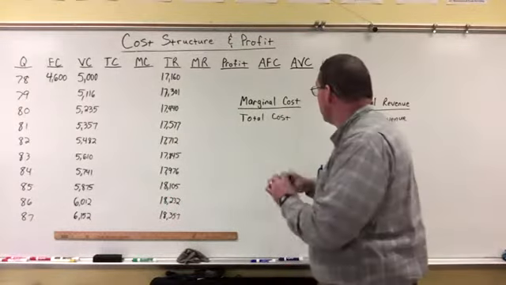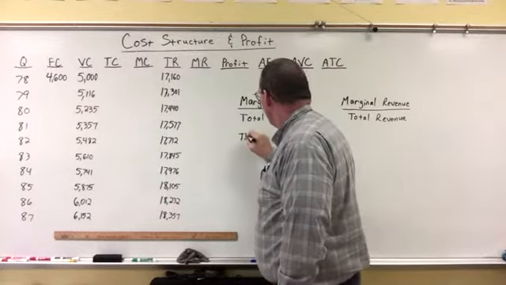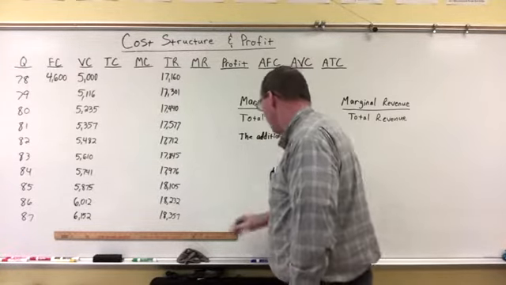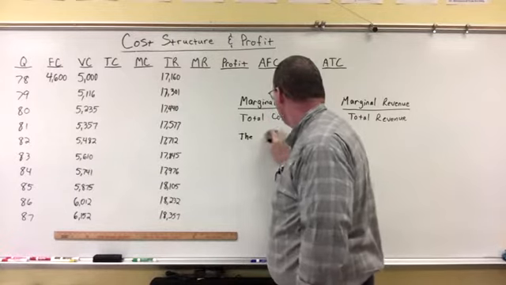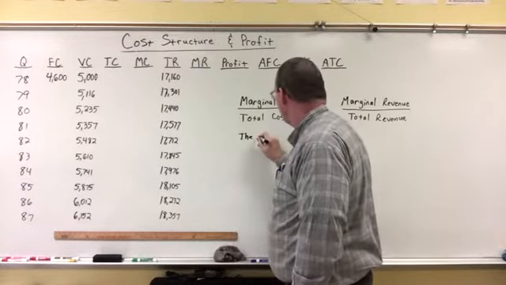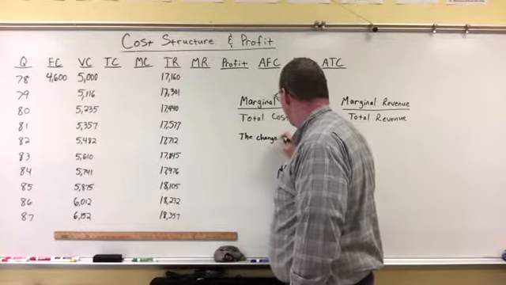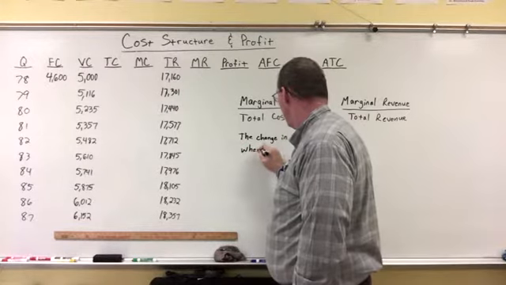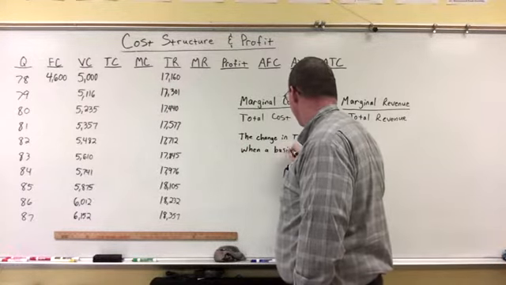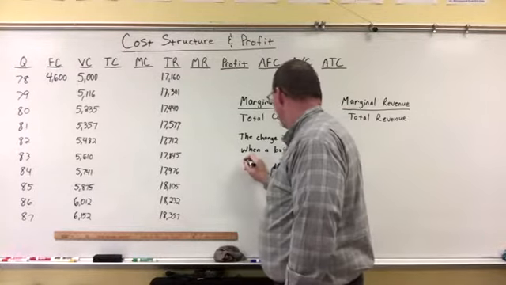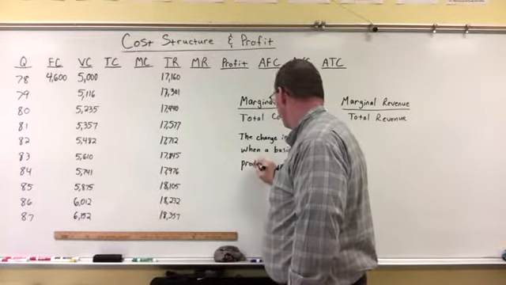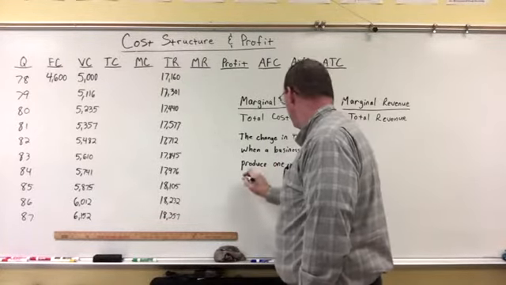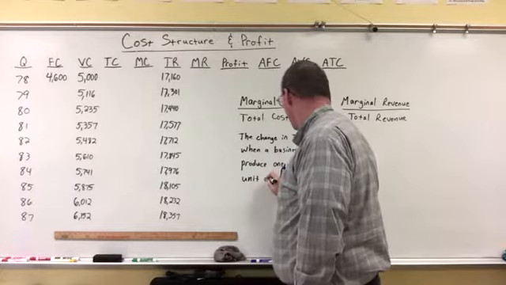So let's say it this way: marginal cost is the change in total cost when a business produces one more unit of output.